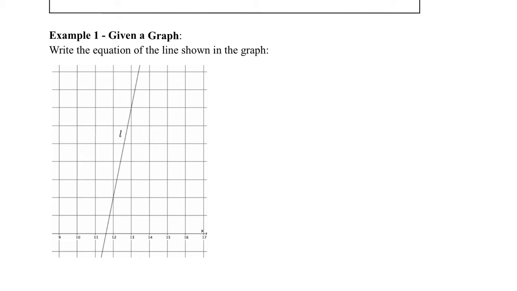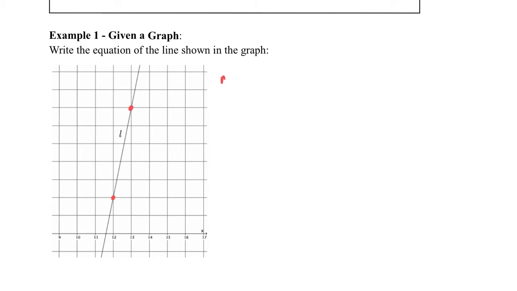So like I said, we need to find the slope and the y-intercept. The first thing I'm going to do to find the slope is find 2 points on the line, and we know now that we can choose any 2 points we want. I recommend that you choose points that are as close together as possible, but also land on a nice intersection on the graph. So don't pick something like right in the middle.